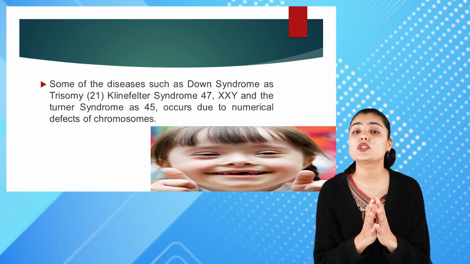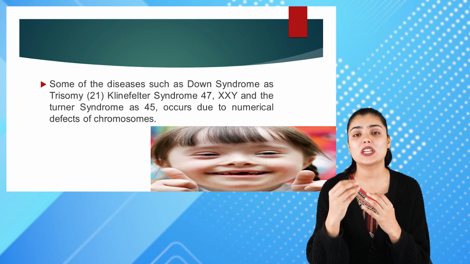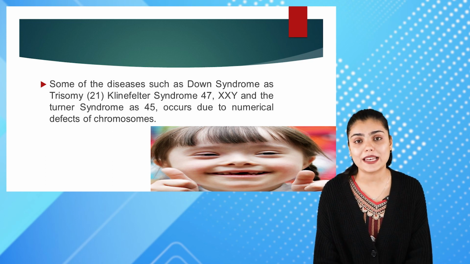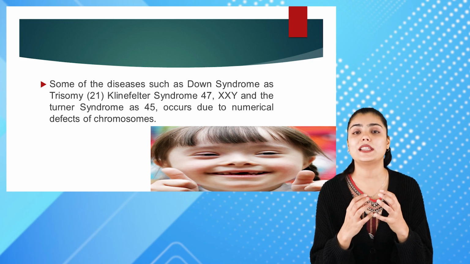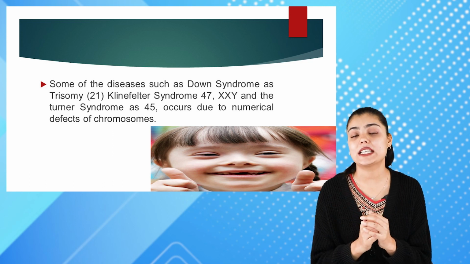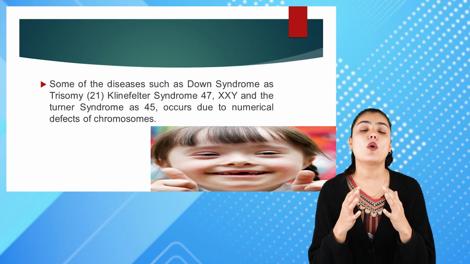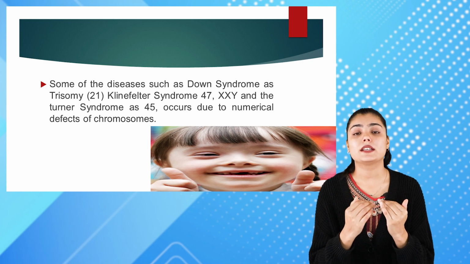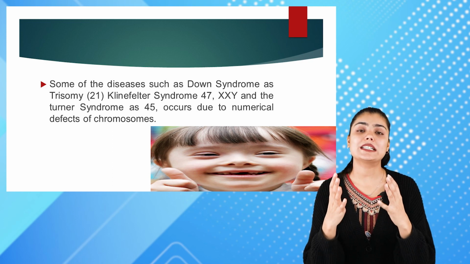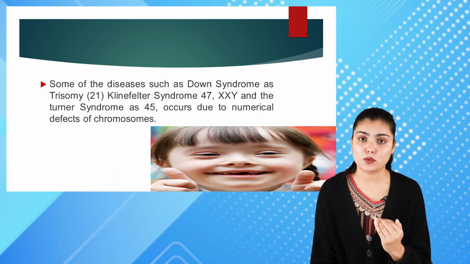To have a proper understanding of genetic disorders or chromosomal abnormalities in human beings, we need to understand what chromosomes are, how they are formed, and what genes are as well. As I said, disorders such as Down syndrome, Turner syndrome and Klinefelter syndrome occur because of certain abnormalities in the chromosomes.